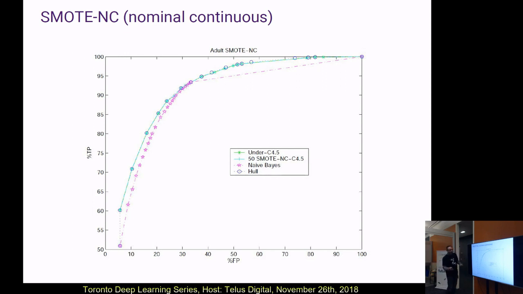So we've got undersampling in green, and then they did 50 SMOTE with this continuous and nominal feature algorithm that was discussed. And again, there's not much to take out of it other than the fact that they could do it, and that it basically performed just as well as straight undersampling. But I figured I'd show it anyways.